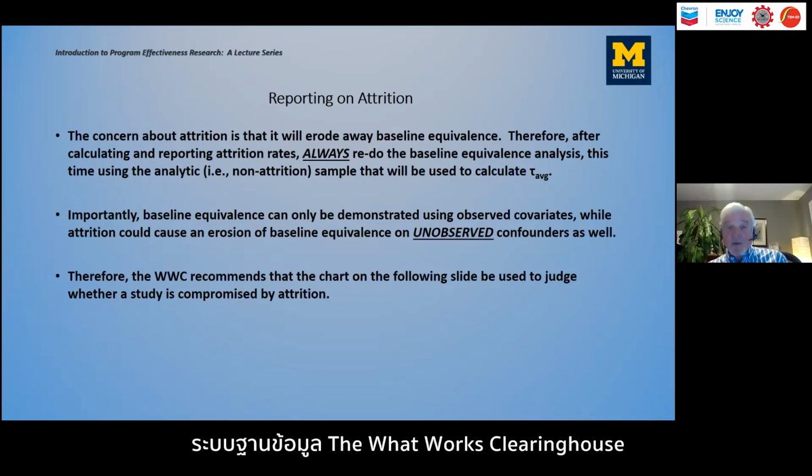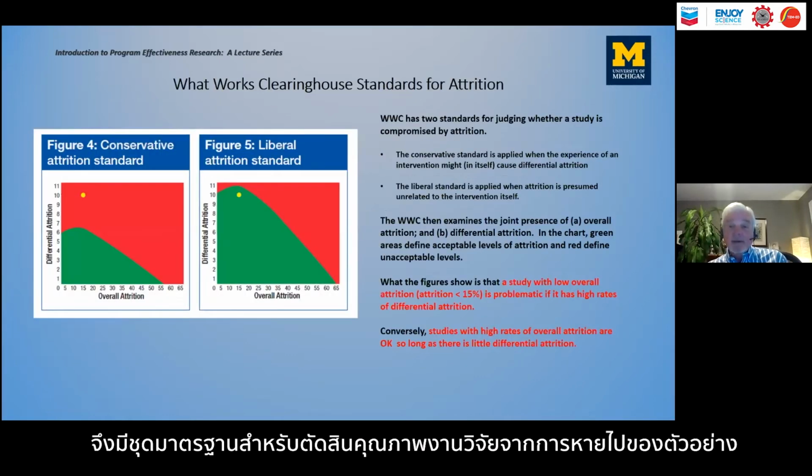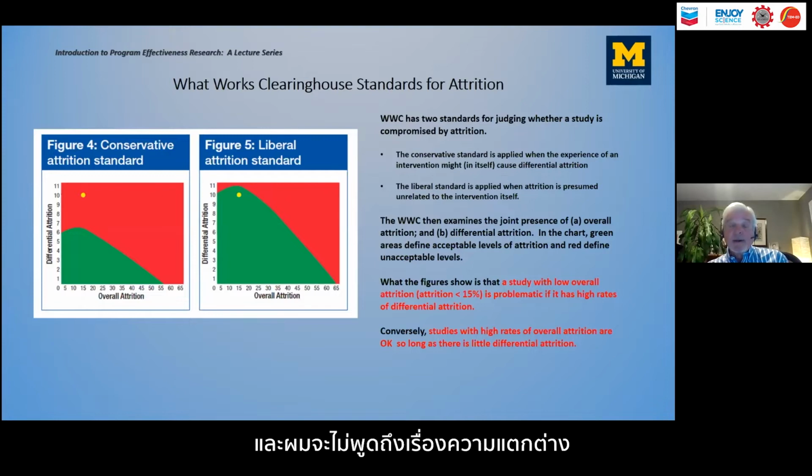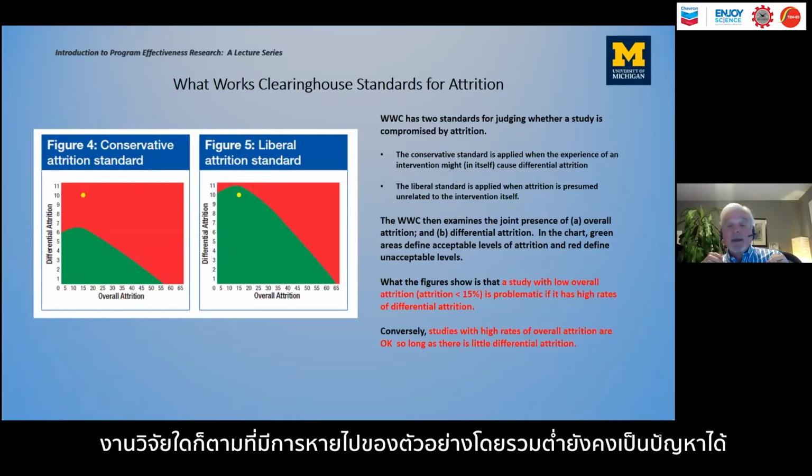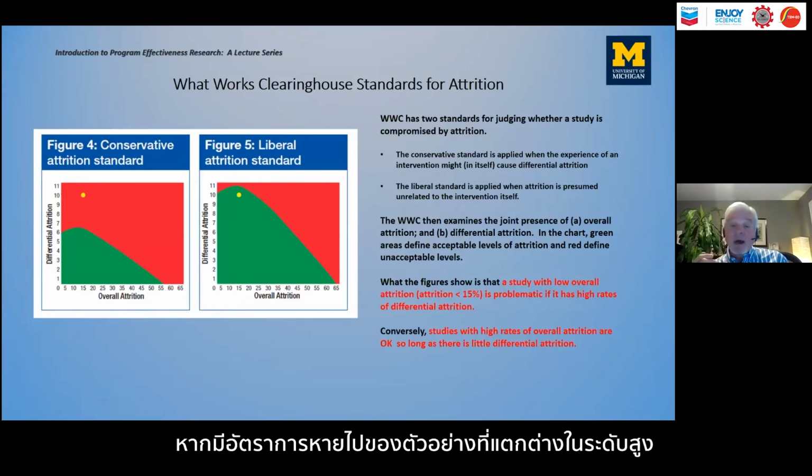So the What Works Clearinghouse has a set of standards for judging the quality of research by attrition. And I won't talk now about the difference between the conservative standard or the liberal standard, but what these show you is that any study that has low overall attrition can still be problematic if there are high rates of differential attrition.